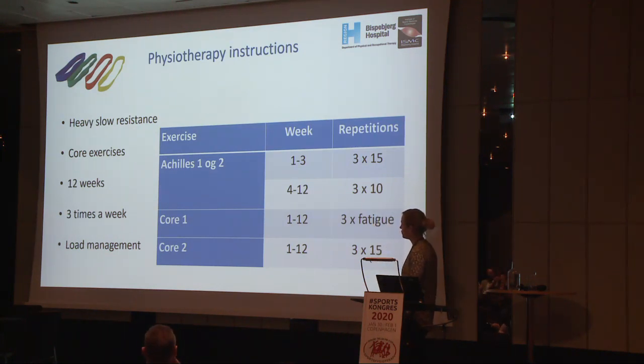We gave them 2 Achilles exercises that I will show you in a minute, and 2 core exercises. For the first 3 weeks, they did 3 sets of 15 repetitions, and from week 4 for the remaining weeks, they did 3 sets of 10 repetitions, but with more load. The core exercises they performed the same amount the whole period.